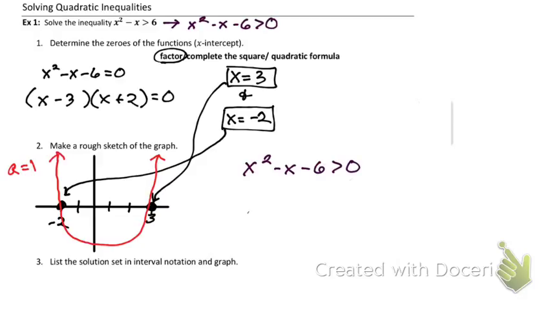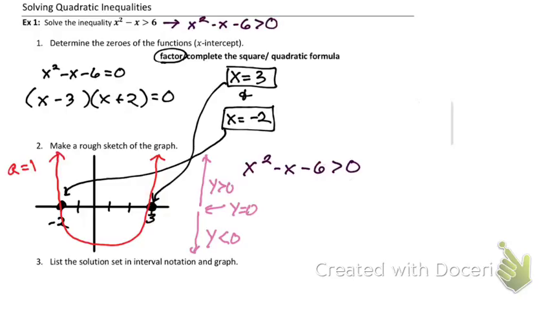Well, let's use a new color. Everything on this side is where y is bigger than 0. Everything on this side is where y is less than 0. And right smack dab in the middle is where y equals 0.